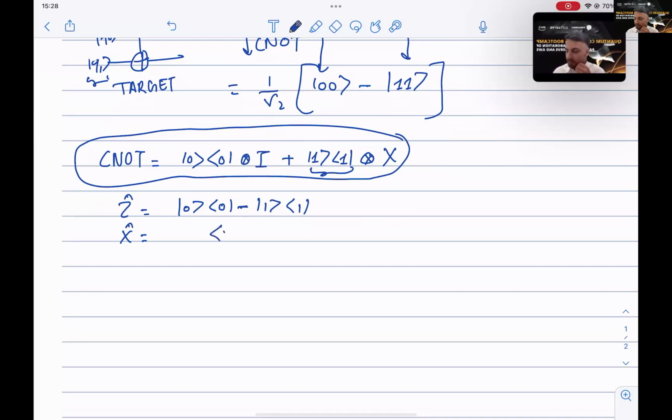So if it takes 0, what does it do? It gives me back one state. Excellent. Plus, if it takes the one state, what does it do? It gives me the 0 state. Yeah. Okay, great. So yeah, this is how we familiarize ourselves with the Dirac notation.